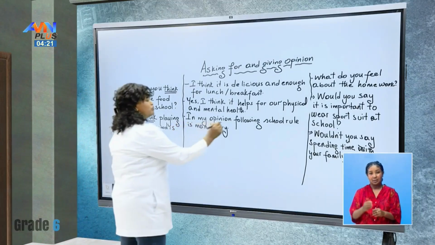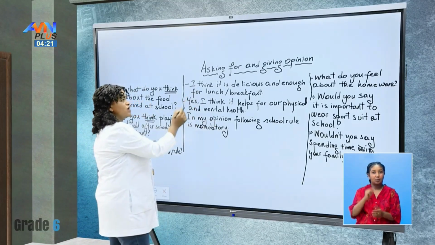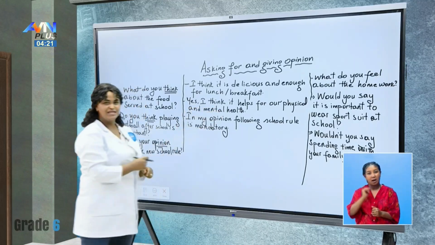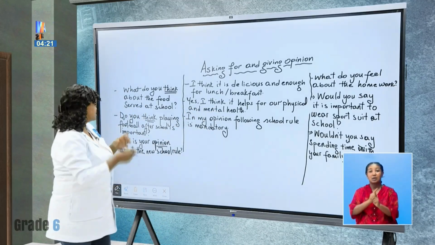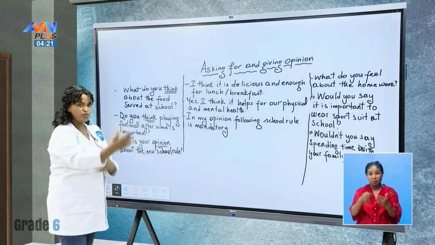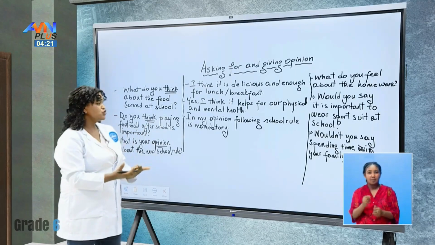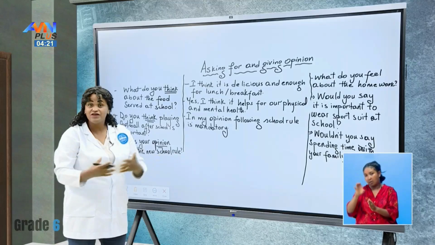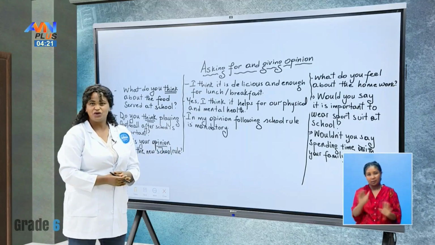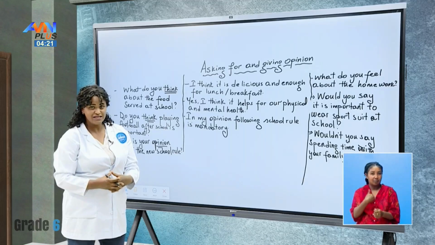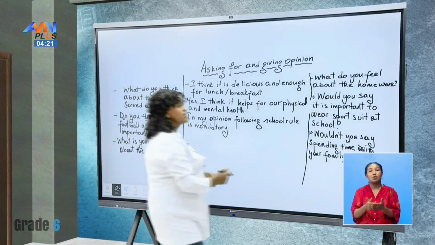In my opinion. So far, we were saying what? I think, and this time, how do we say? Since it is a direct question about what is your opinion, then how do you say? In my opinion, following school rule is mandatory, whatever it is. Because your school always stands in your benefit. Okay, let's go to the other one.